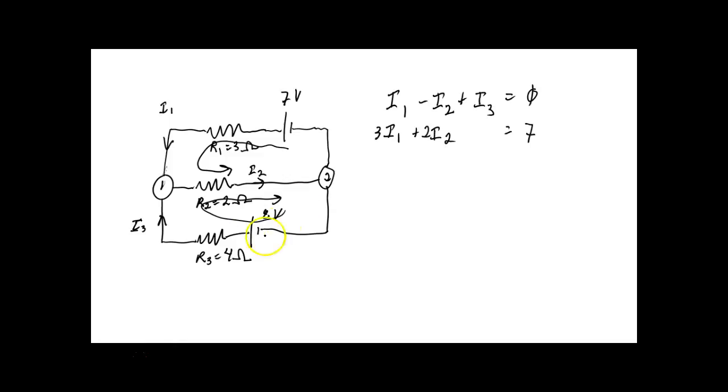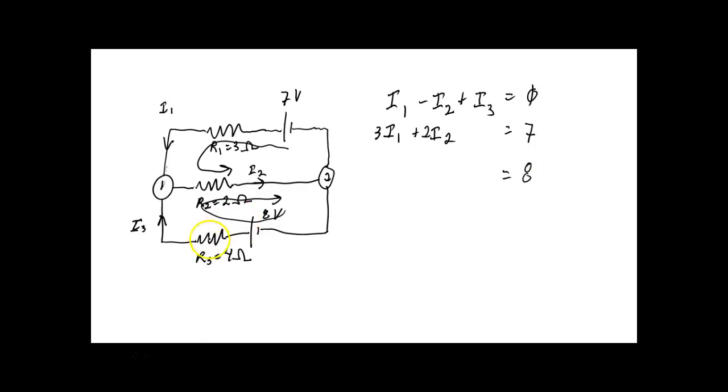The second loop down here, I chose to draw it that way because the book did, but actually it's better than that. It makes sense. If you leave 2 again and go through, what's the first thing you hit here? Plus 8 volts. So that's the voltage gain I'm going to put on the right-hand side.